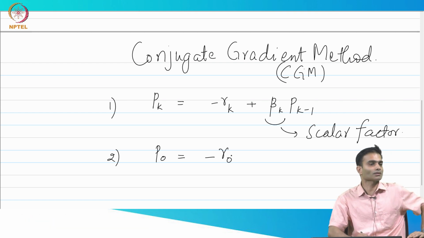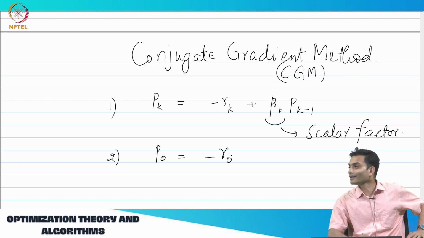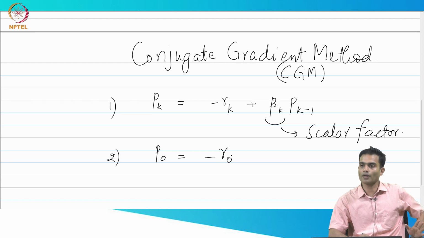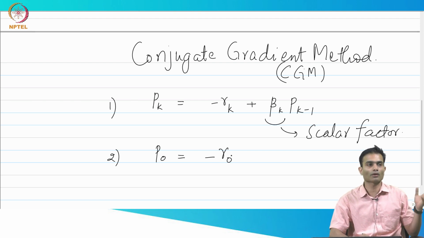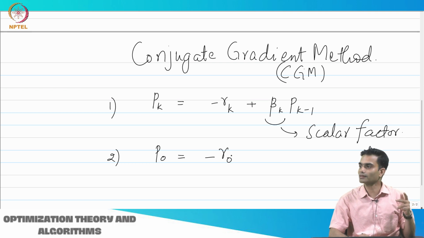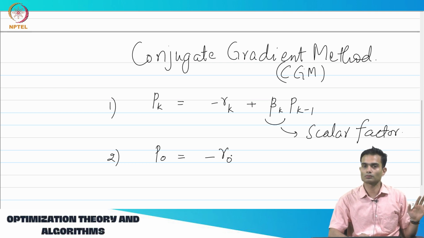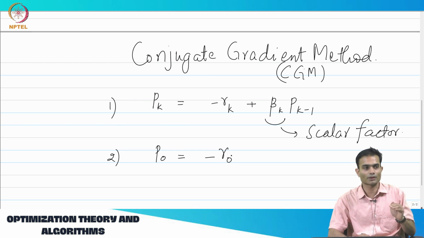Why minus r0? What is the significance of r0, or the residual? It's the gradient, right? So p0 is in fact what? The steepest descent. So in step 1 of conjugate gradient, I do what I already know, which is steepest descent with exact line search. I can't go wrong, right? I will decrease the function value somewhat.